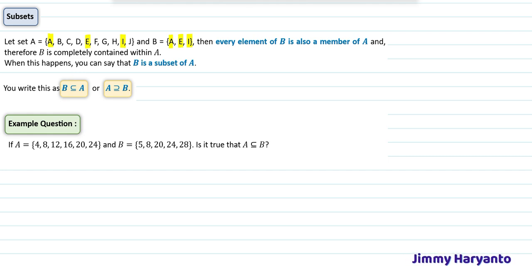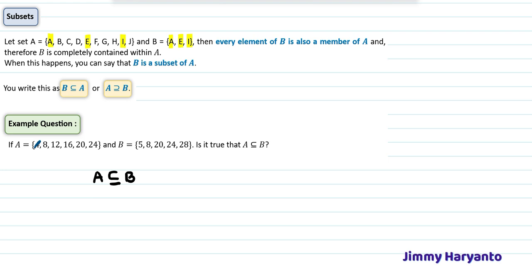If A equals 4, 8, 12, and so on, and B is 5, 8, 20, 24, 28, is it true that A is a subset of B? If the question says A is a subset of B, that means all of the members of A have to be in the set of B also. Let's take a look at the 4.